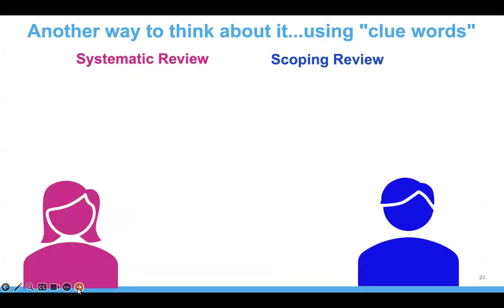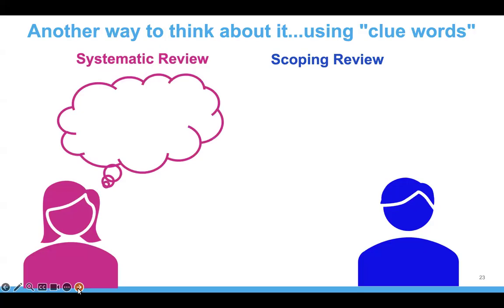Now, stepping outside of our criteria for a moment, another way to determine if your research question falls more in line with a systematic or scoping review is by using clue words or clue phrases. So if you were to explain to someone what you're investigating with this review, and you find yourself using terms like causality, risk, evaluate, measure, assess, or inform, then you're likely looking at a systematic review.